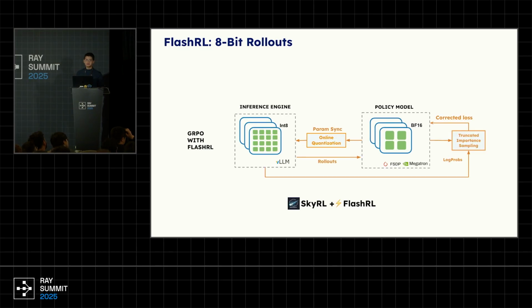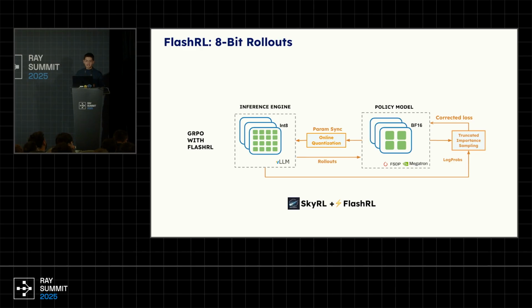With FlashRL, there's mainly two modifications. Firstly, because you're running your inference at int8 precision, for your weight synchronization, at parameter synchronization, you need to figure out some way to do online quantization to bring the trainer weights in BF16 to int8 weights for the inference engine.